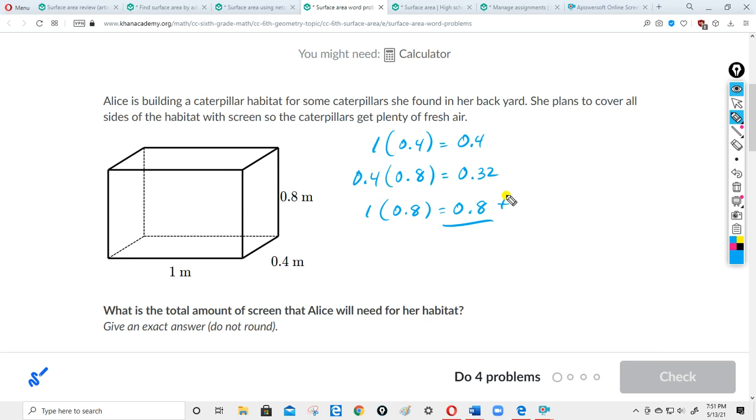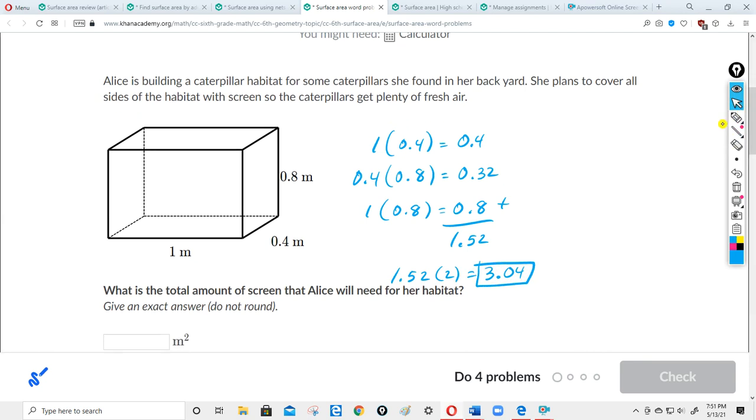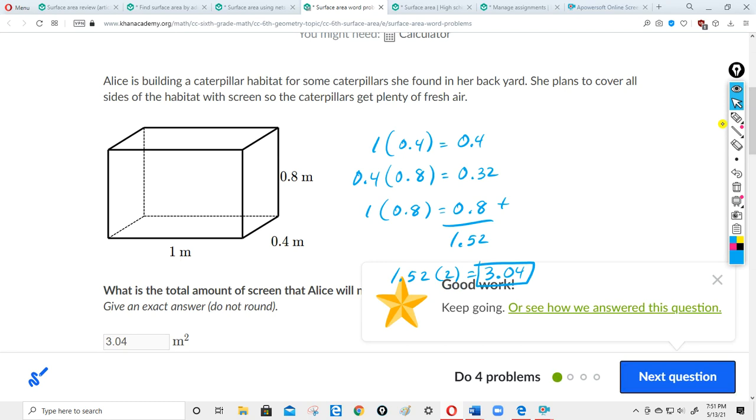Let's get a sum. 0.8 plus 0.4 is 1.2, plus 0.32 is 1.52. You have to take that number and multiply it by 2, and that's going to be 3.04. So you just put that in the box. It says do not round. Okay, good. So it did include the bottom.